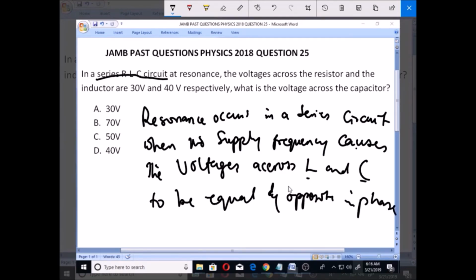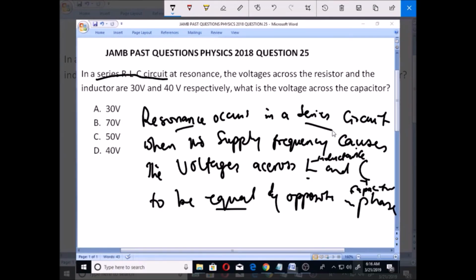So whenever the voltage across the inductance, this is known as the inductance L, whenever the voltage across the inductance and the capacitance, or the inductor and the capacitor, is equal, we call it resonance.